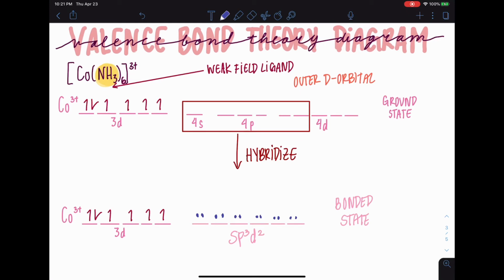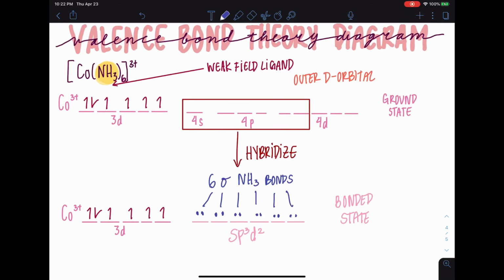And we have to show that there are 6 sigma ammonia bonds attached to these electrons. Cobalt 3+ is also d6 because there are 6 electrons in the 3d orbital.